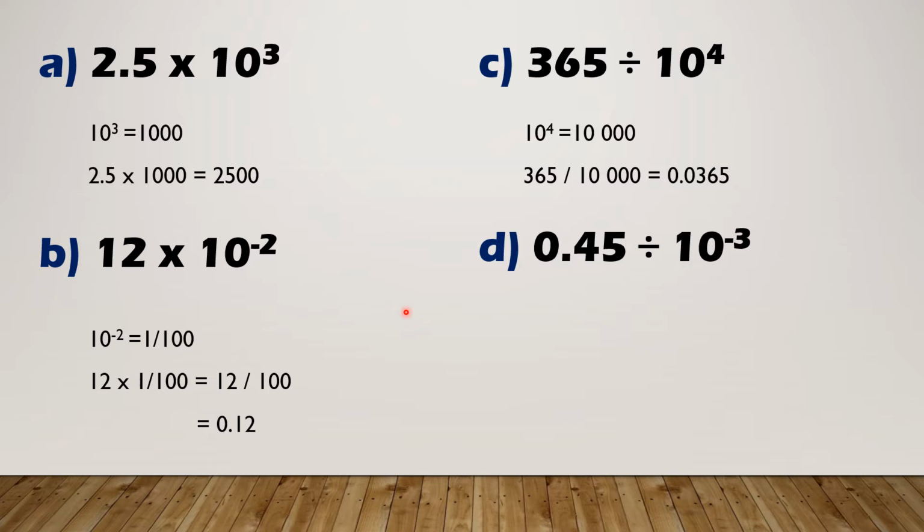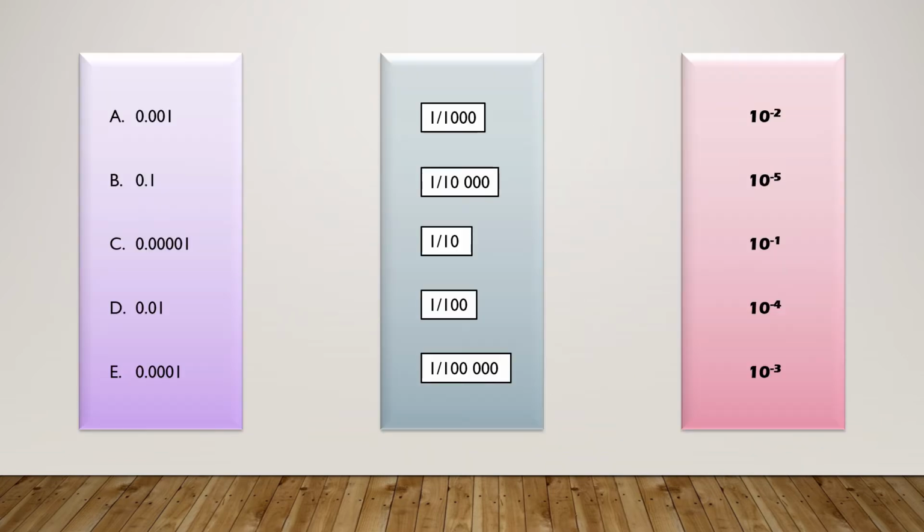For D, 10 to the power of negative 3 is equal to 1 divided by 1000, so 0.45 divided by 1000, and as we learned in the key point, when we divide by a fraction, you multiply by the number. So 0.45 multiplied by 1000. For the next exercise, you have to match each decimal with the correct fraction and power of 10.